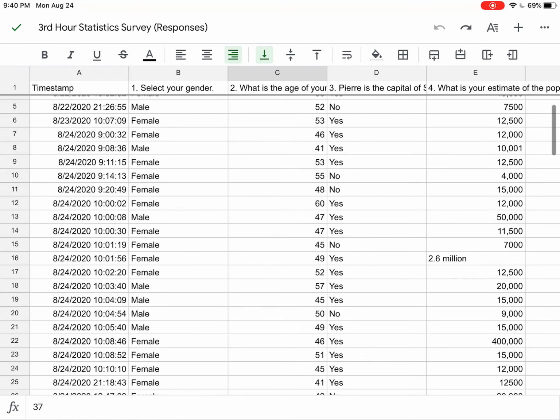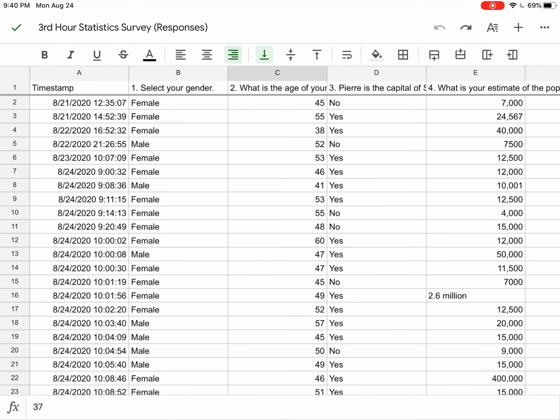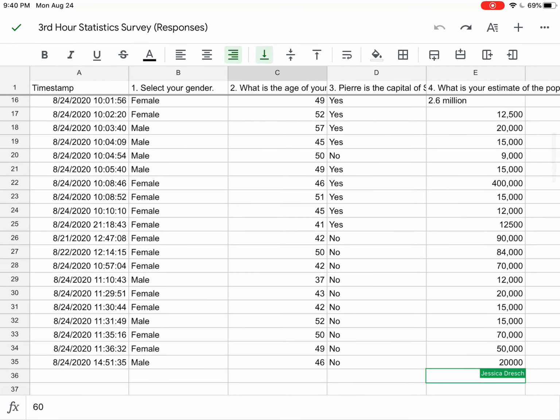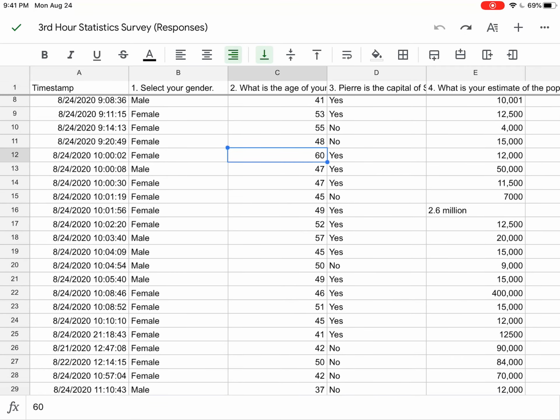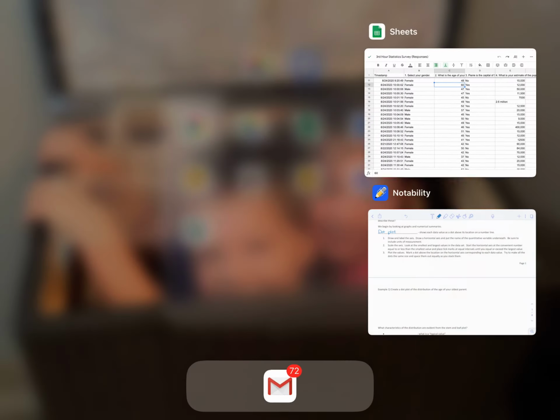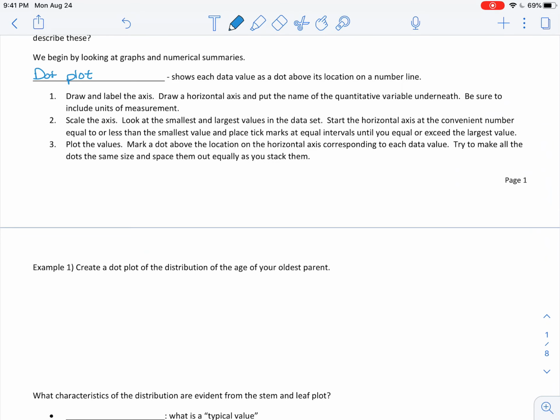And then I'm going to go and look for the oldest parent, which I actually think 60 is the oldest. Surprises me that they're that young. But either way, we got a 60-year-old parent. So I know my dot plot needs to go from 37 up to 60. So I'm just going to start with that information.